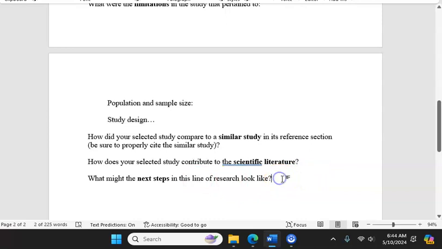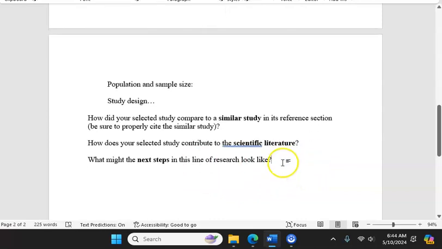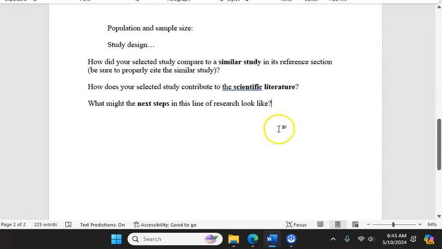Next steps might be a more rigorous design, like a randomized study. If there can be a placebo type group. So that's kind of hard to do in chiropractic, but that would be a next step.